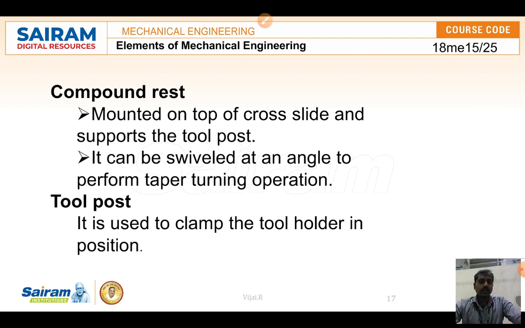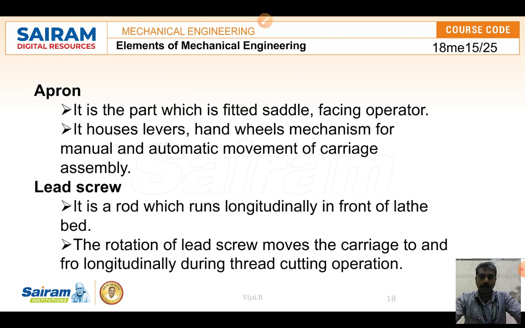The swiveling base is used for twisting the compound rest to a certain angle, which is used during a taper turning operation. We will see in the next videos how taper turning can be done with the swiveling compound rest method. The compound rest has the tool post where the tools are held, right?